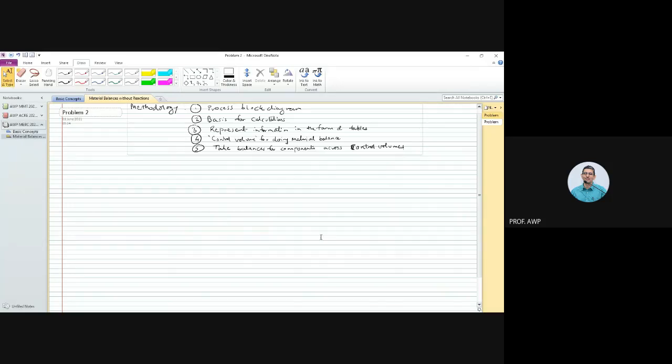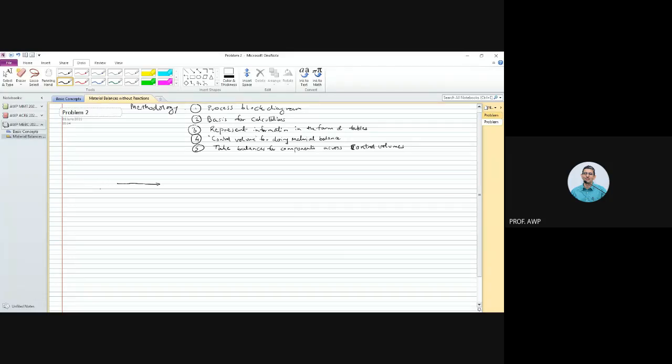Okay, let's take one more problem so that all things would be just again reinforced. Let's say we have a pharmaceutical compound, and let's say that is dissolved in water.